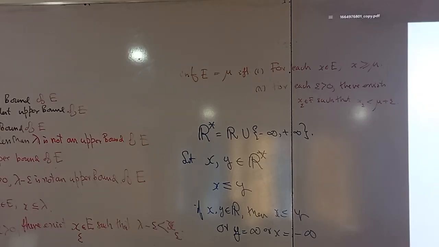of algebra. For instance, to define addition, it seems reasonable given one's intuitive notion of infinity to set plus infinity plus 5 is plus infinity. We say like that. Plus infinity plus 3 is plus infinity.